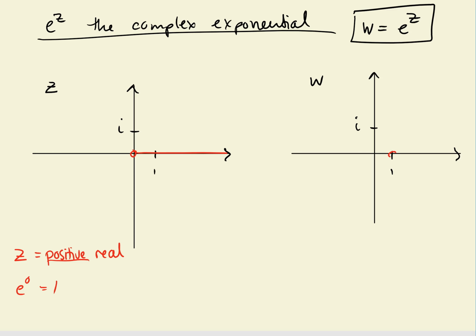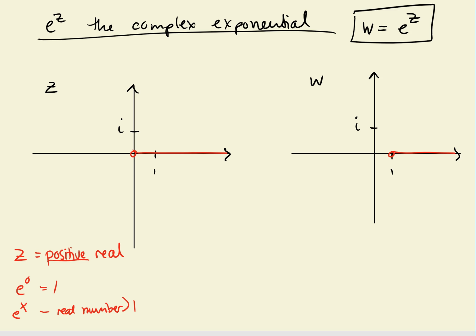So that maps over here on the real line. And any real power of e is just a real number greater than 1. So you can say that the positive real axis over here is mapped onto the positive real axis in the w domain, except for this interval 0 to 1.